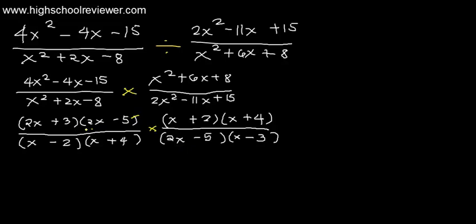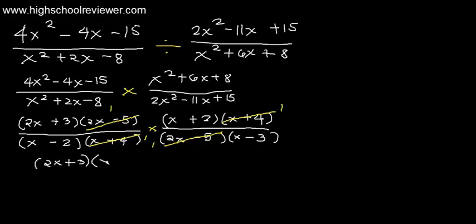We can cancel this out now, since this is now equal to 1. And we also have the quantity of x plus 4, that is also equal to 1. What's left now will be the quantity of 2x plus 3.